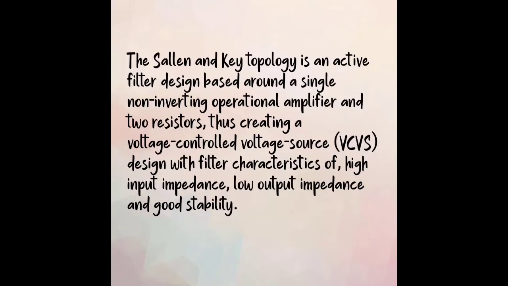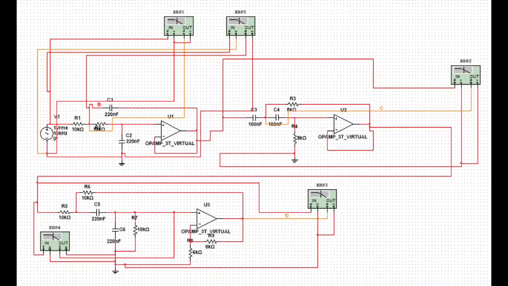The Sallen-Key topology is an active filter design based around a single non-inverting operational amplifier and two resistors, thus creating a voltage-controlled voltage source or VCVS design with filter characteristics of high input impedance, low output impedance, and good stability, and as such allows individual Sallen-Key filter sections to be cascaded together to produce much higher order filters.